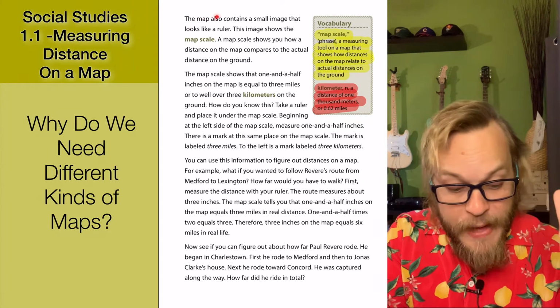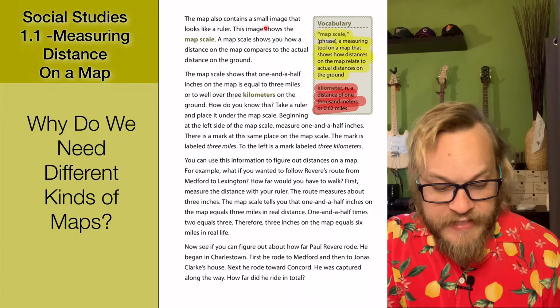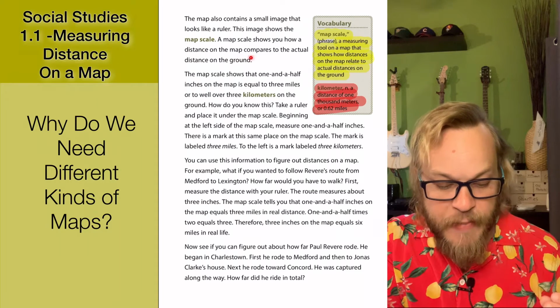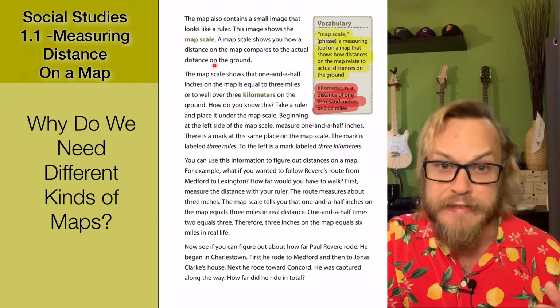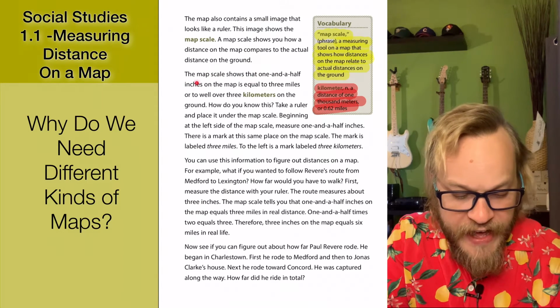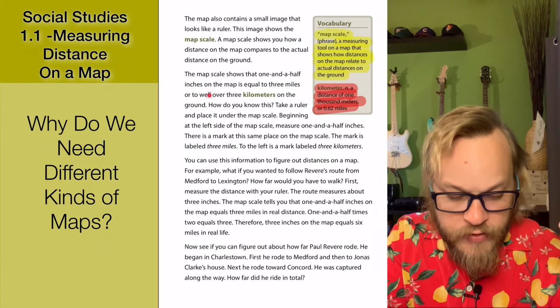So, the map also contains a small image that looks like a ruler. This image shows the map scale. A map scale shows you how a distance on the map compares to the actual distance on the ground. The map scale shows that 1.5 inches on the map is equal to 3 miles, or to well over 3 kilometers on the ground.